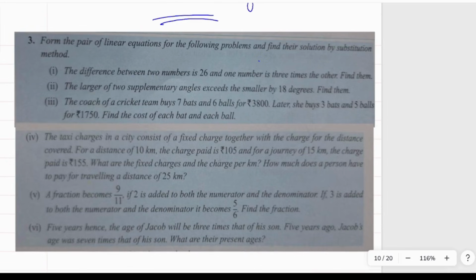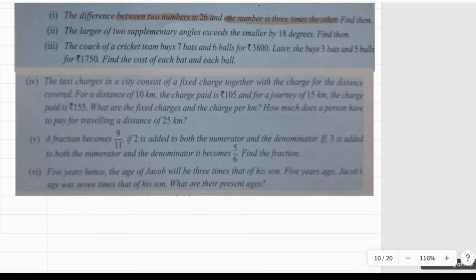The first one: the difference between two numbers is 26, and among these two numbers, one number is 3 times the other. These are the conditions they are giving in the question. From these two conditions, we have to form two linear equations and then solve them.